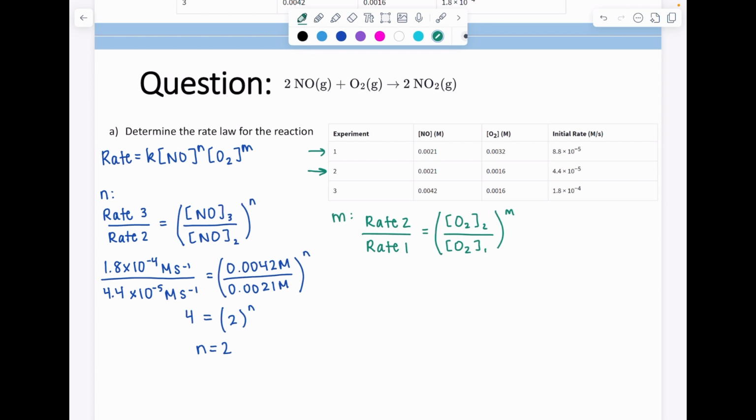All right, just setting up that equation so far. The ratio of the rates is equal to the ratio of the concentrations raised to some power. Plugging in values now.